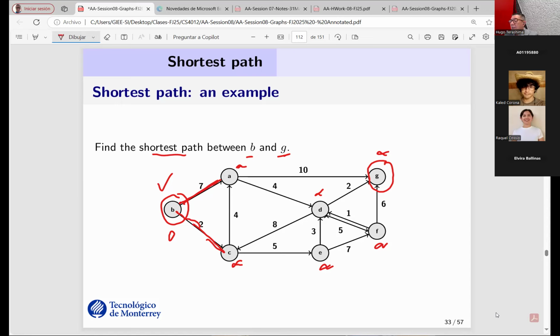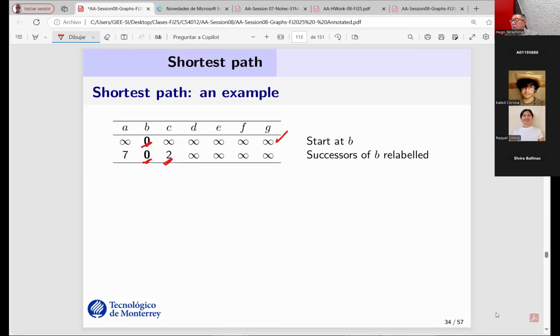And the value here is 0 plus 7, and here is 0 plus 2, right? Compare against infinite, it is going to be 2. Compare against infinite, it is going to be 7. So that's the reason I have 2 and 7. All the others remain the same, right? Clear so far?